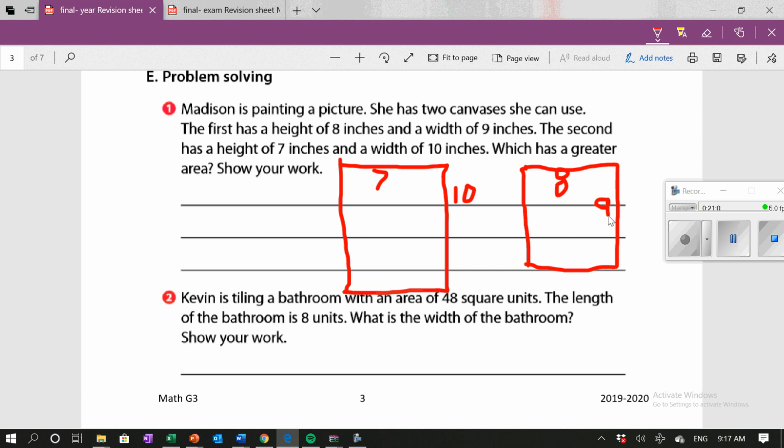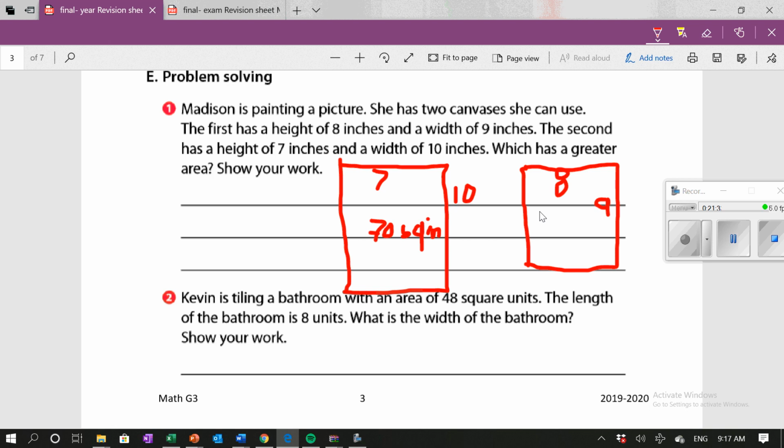Okay, we want to find the greater area. You remember the area is multiplying. So 7 times 10 equals 70. What about the unit? Inches, so 70 square inches. Here is 8 times 9.